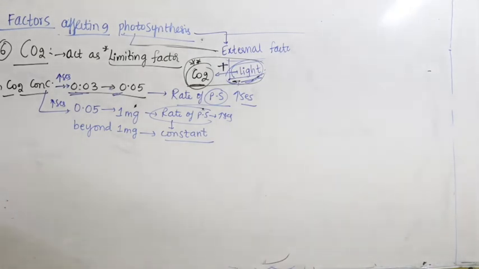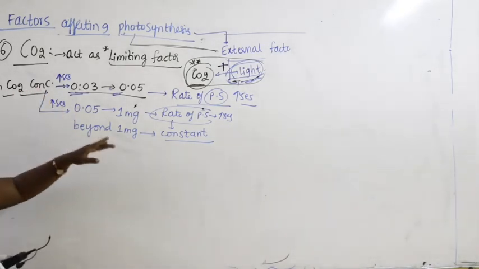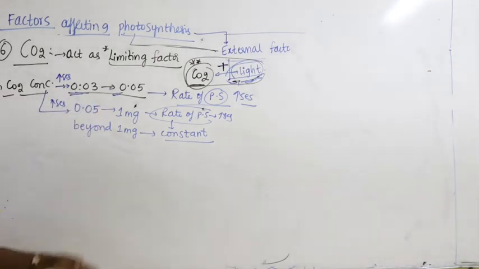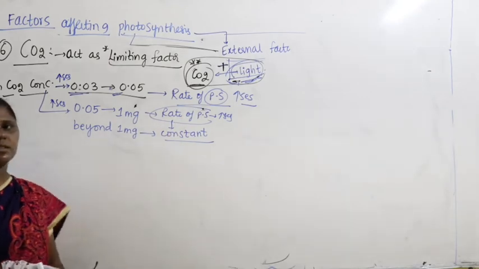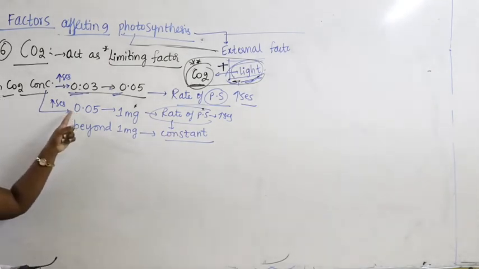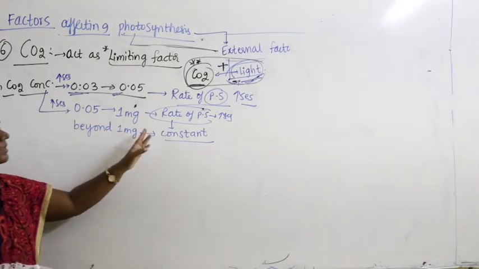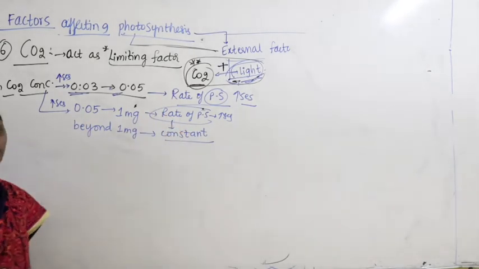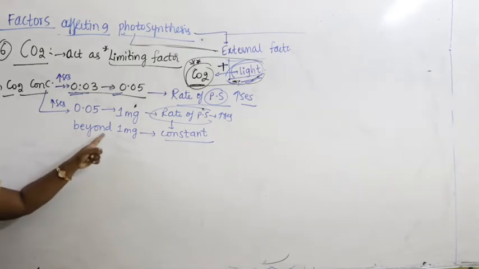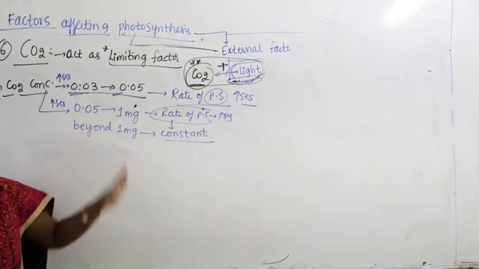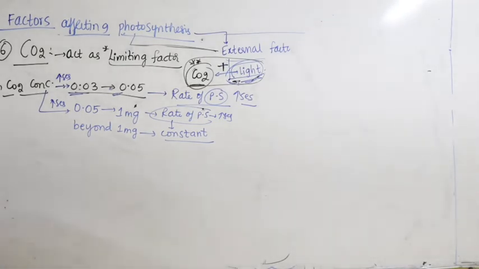That means a gradual increase in carbon dioxide concentration from 0.03 to 0.05 increases the rate of photosynthesis. Further rise, from 0.05 to 1 milligram, also increases the rate of photosynthesis. But beyond 1 milligram concentration of carbon dioxide, the rate of photosynthesis becomes constant.